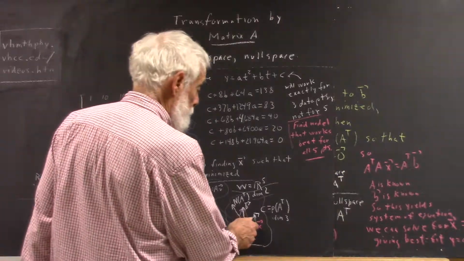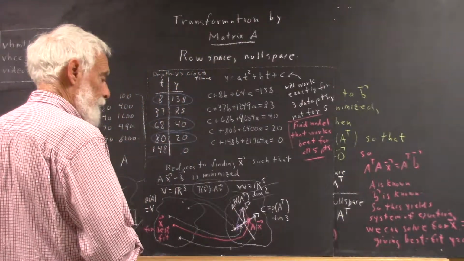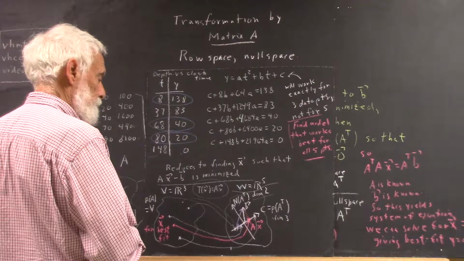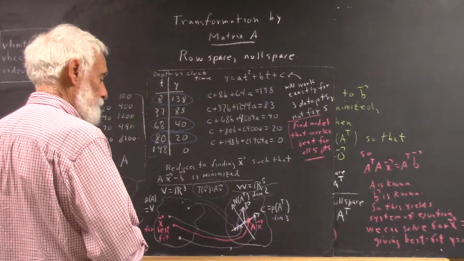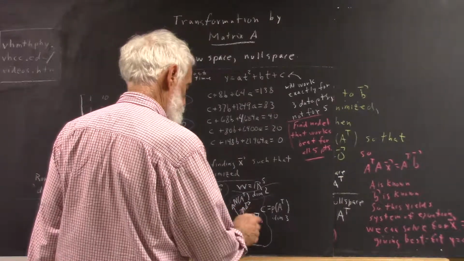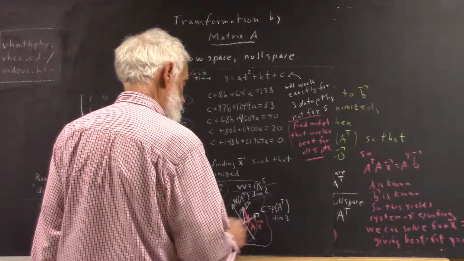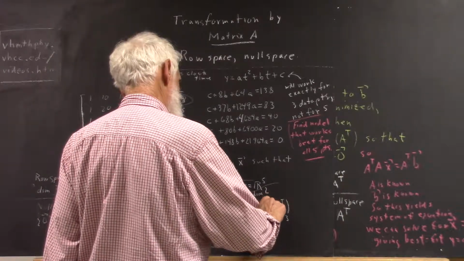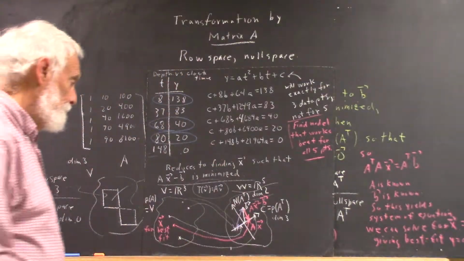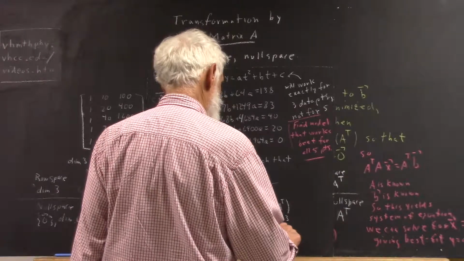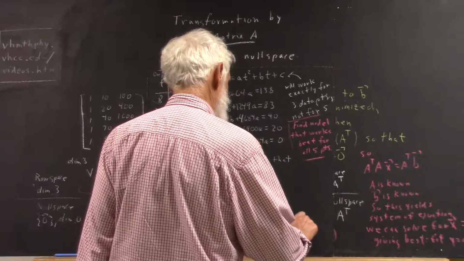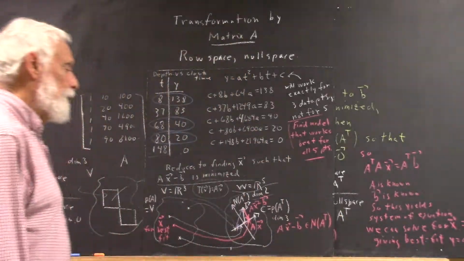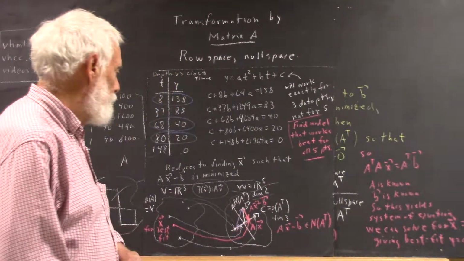Okay, the vector defined by this projection line, the vector from here to here, would be AX minus B. AX minus B then has to be a vector in the null space of A transpose.